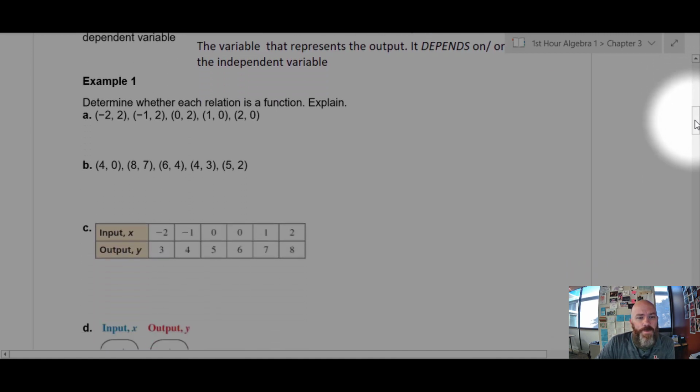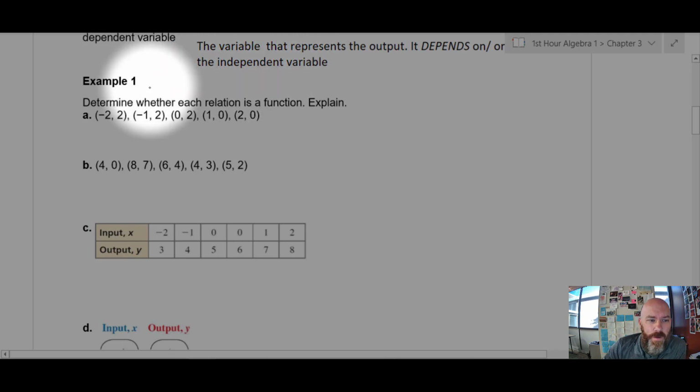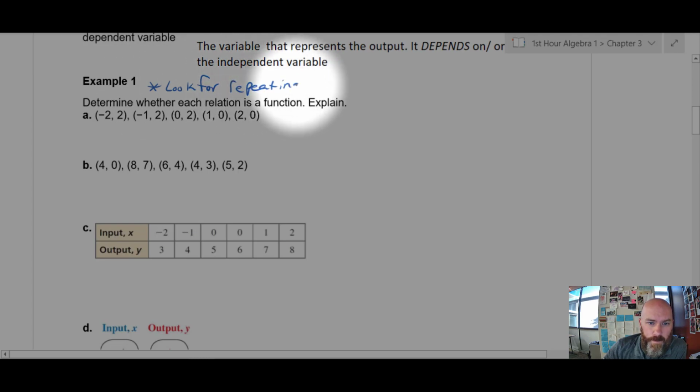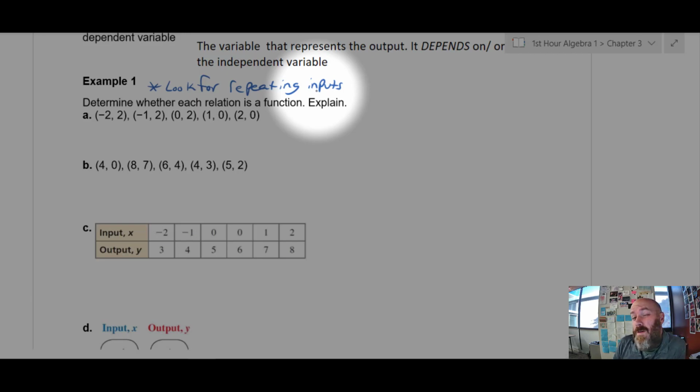Determine whether each relation is a function and then explain. So our idea here is we want to look for, does each input have exactly one output? So what I like to do is I like to look for repeating inputs. If you don't have any that repeat, then it's guaranteed to be a function. If they do repeat, then you have to check on the outputs.